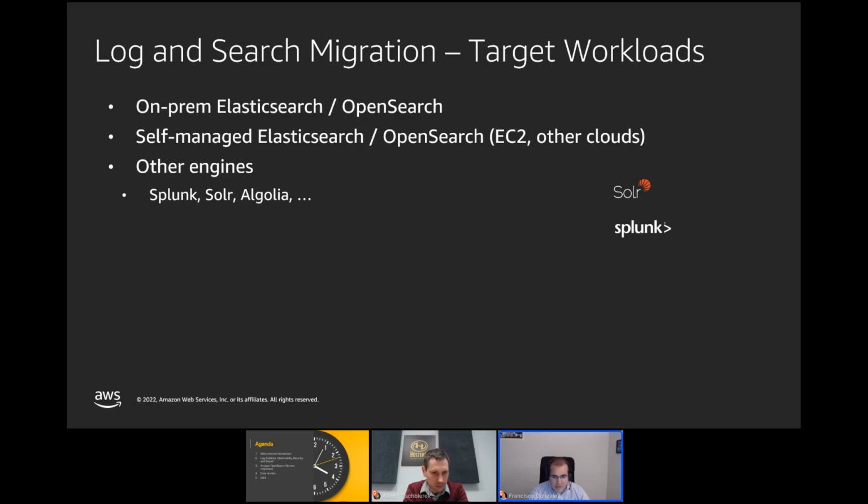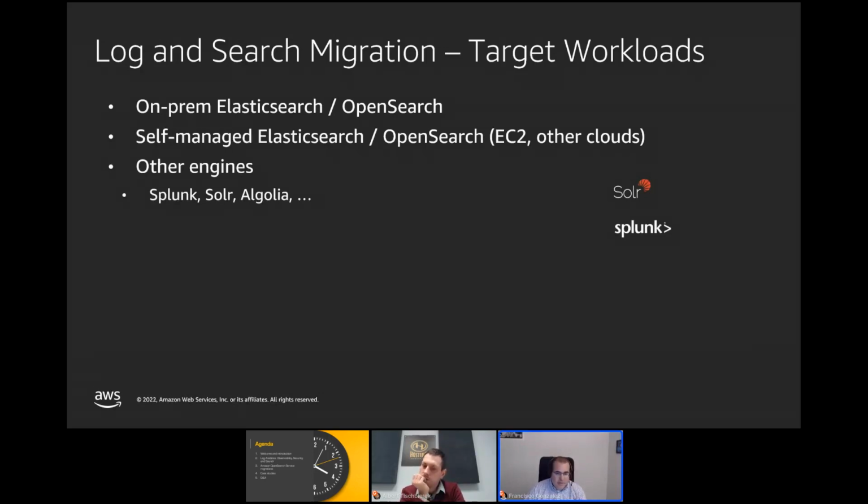There are many other log analytics and search solutions out there, such as Solr, Splunk, or Datadog, facing the same issue: growing data volumes that require scalability, security, price performance, and advanced functionality. The easiest workloads to migrate to Amazon OpenSearch Service are Elasticsearch running on-prem or self-managed, because sometimes it's as easy as restoring a snapshot.